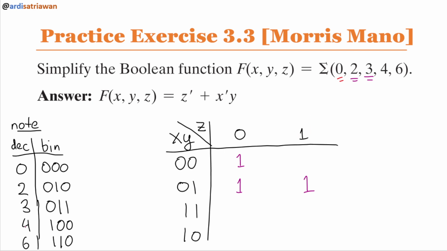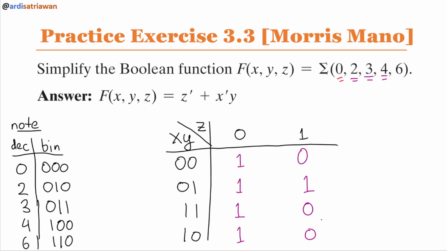Now we will have 4. 4 is 1, 0, 0, so we put 1 here for this minterm. Then finally we need to find 6. 6 is 1, 1, 0, which is here, so this is the one. For the rest of it, we can plug in 0.